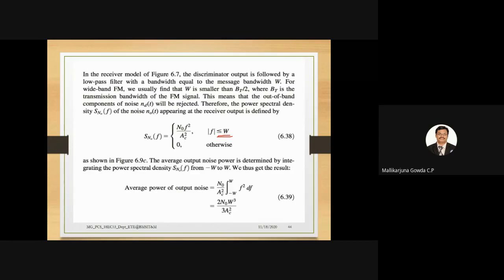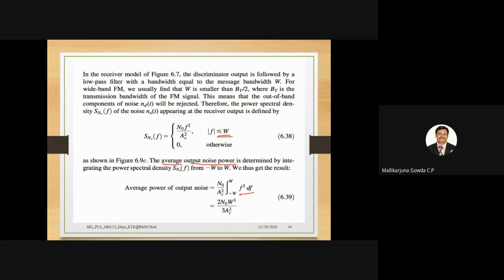Okay, so the average output noise power will be determined by integrating this over the interval minus W to plus W. So that is what is done here. The average power of the output noise will be N0 by A_c squared, which is constant, so we are taking it out, then the integral from minus W to W of f squared df.